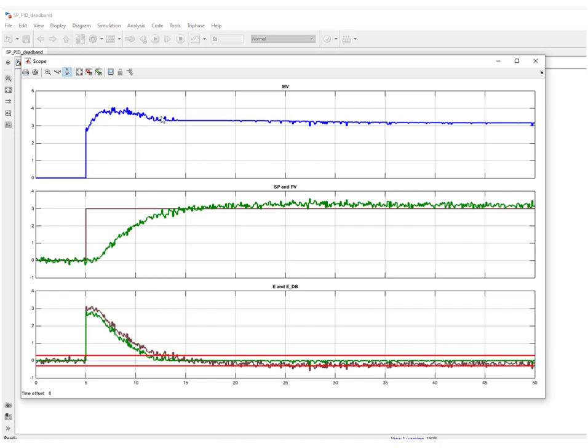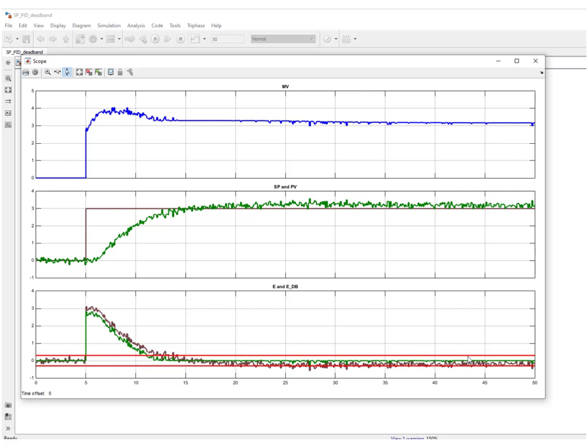So here in blue MV, SP and PV, and here you see the error, standard error in brown, and the error after the deadband in green, and here you see the deadband.